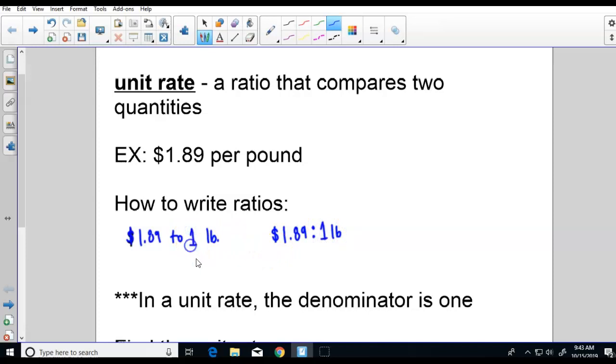That one looks a little different than my L. And then the last one that we can do is a fraction, and that's the one we're going to use the most. $1.89 over 1 pound.